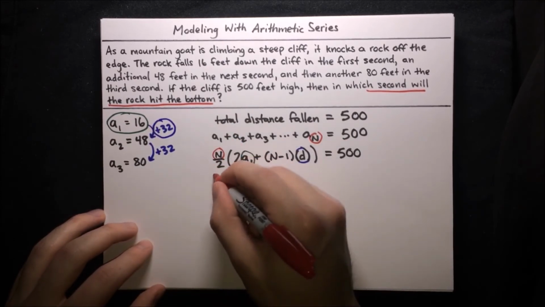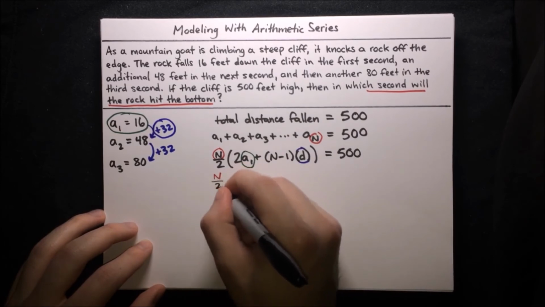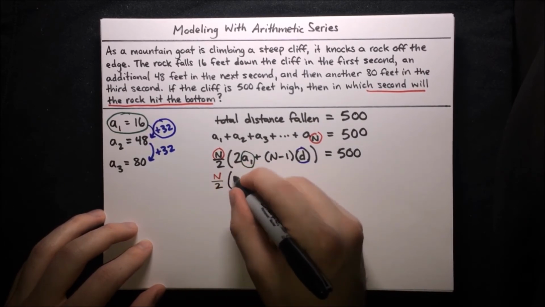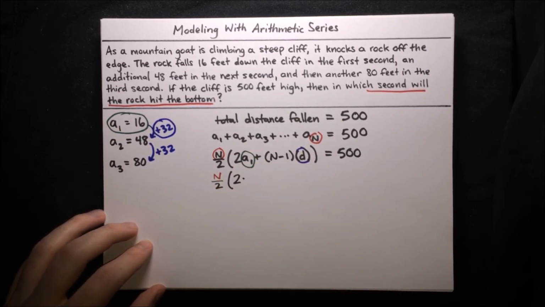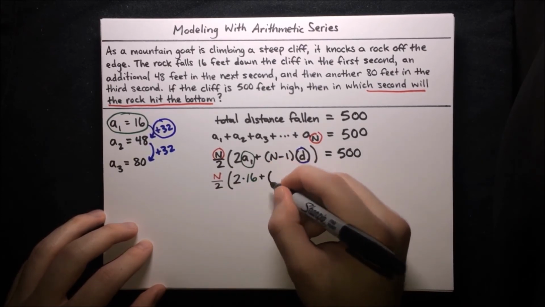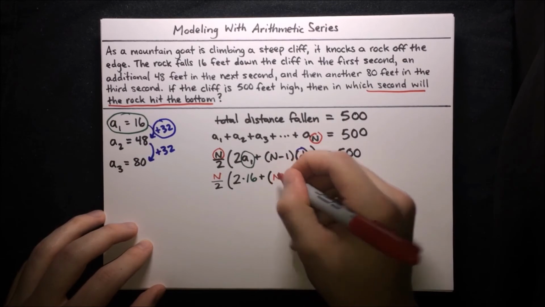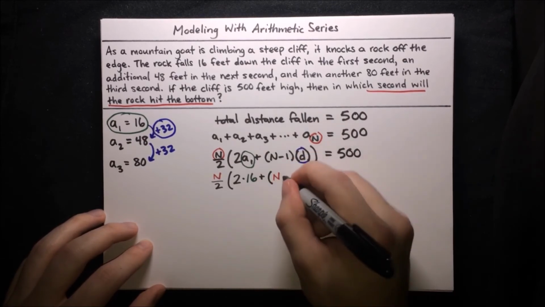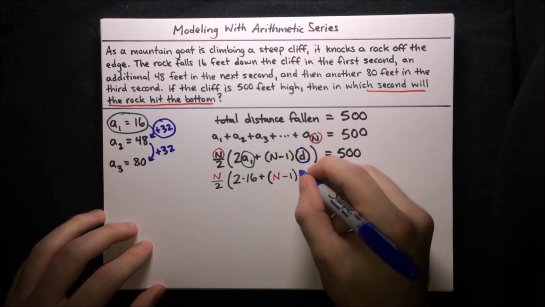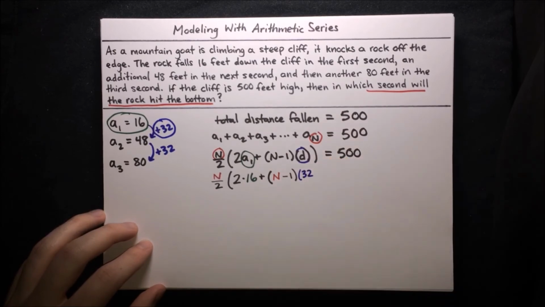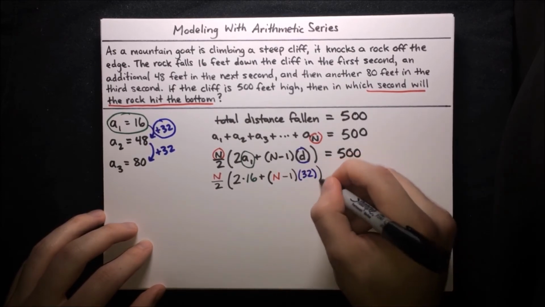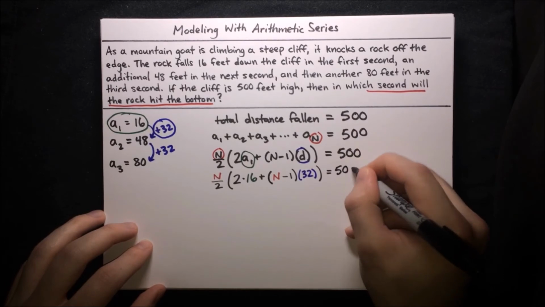We'll have n over 2 times the quantity 2 times a1, so 2 times 16, then plus n minus 1, and we don't know n, that's what we're solving for, times the common difference, which is 32. And that's equal to 500.